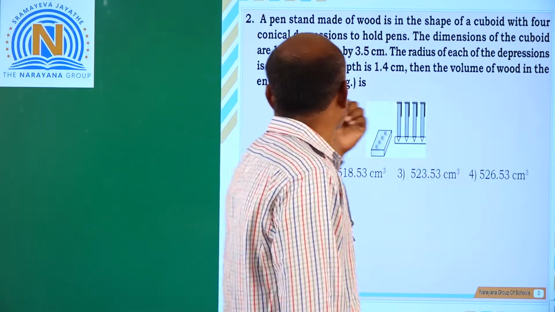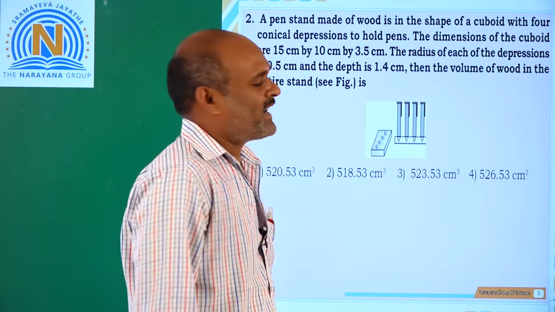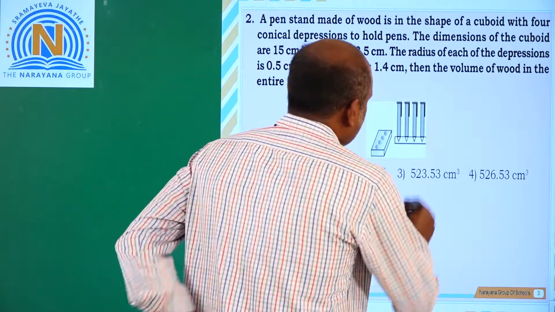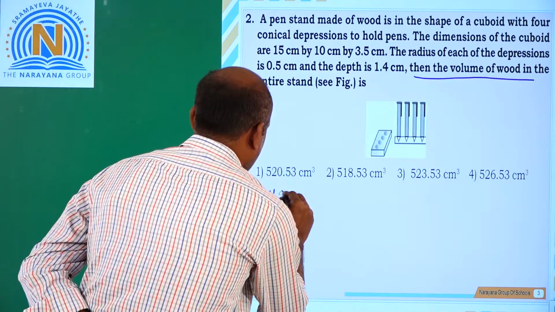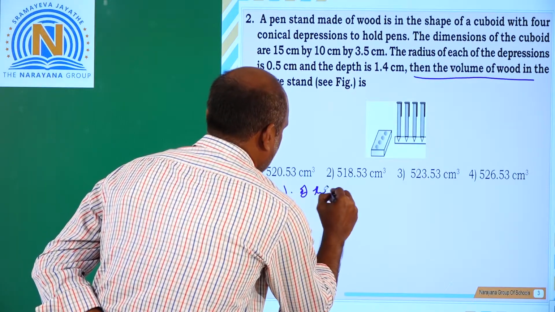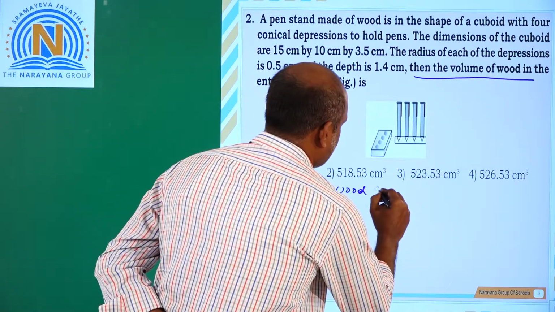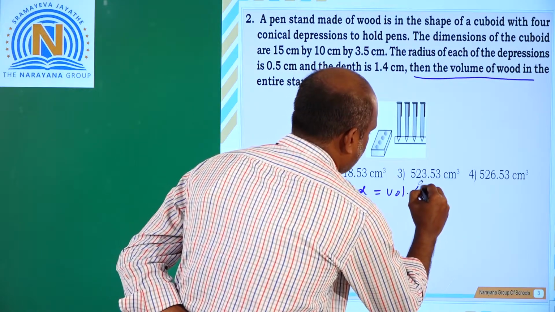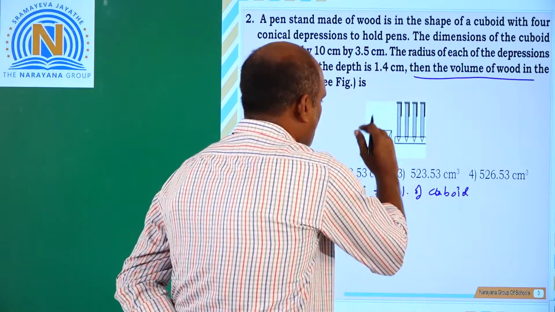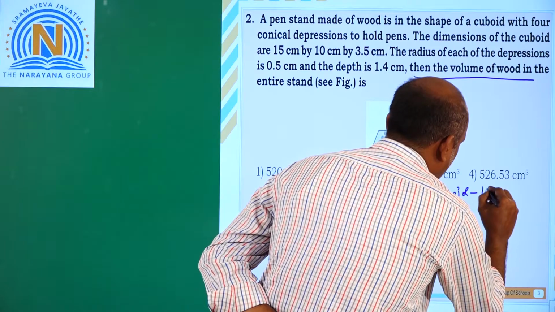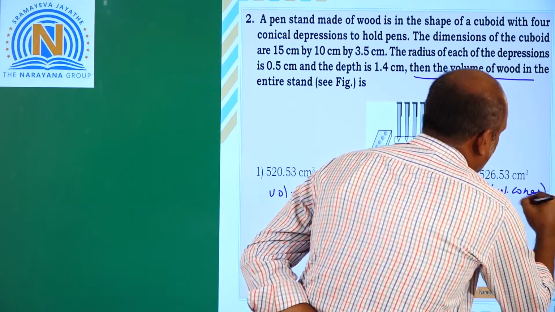Then the volume of the wood in the entire stand is equal to the volume of the cuboid minus 4 into the volume of a cone.